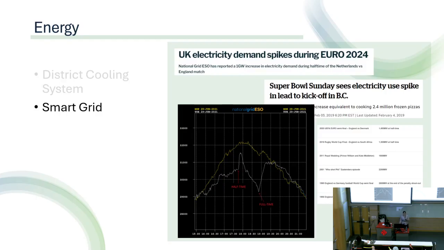Suddenly everyone's turning on their kettles, and you've got a spike, and that made it really hard for energy companies to manage how much energy to output. And then you've got the drop, where everyone suddenly says, okay, someone's won, everyone's going out to celebrate, no one's watching the TV anymore, they're turning off their lights, so you've got the sudden drop.